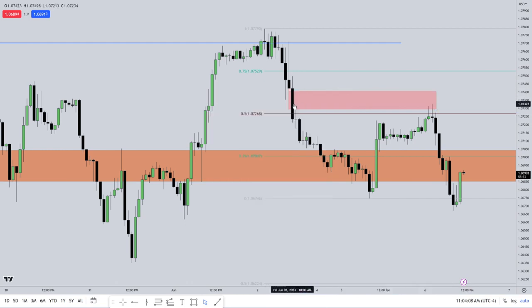Fair value gap, premium. It trades up into it and takes the buy stops or buy side liquidity right there, this high. So your chart would look like this for annotation purposes and for your journal entry.